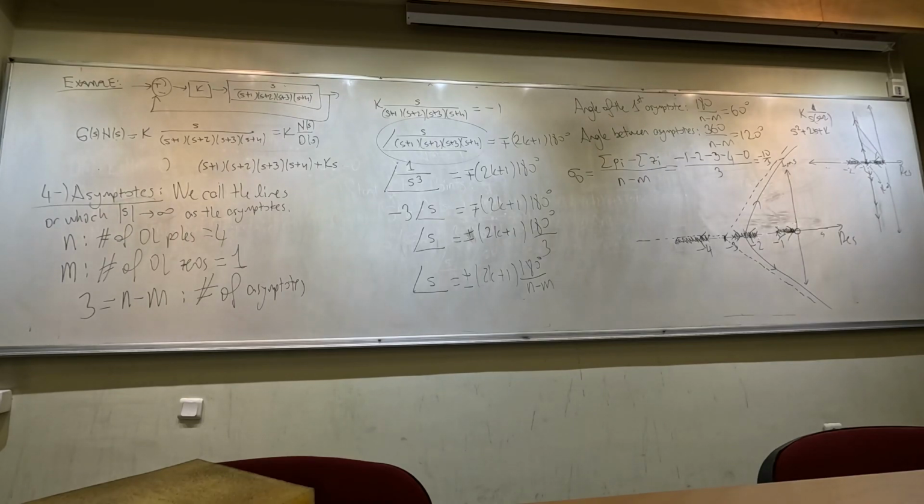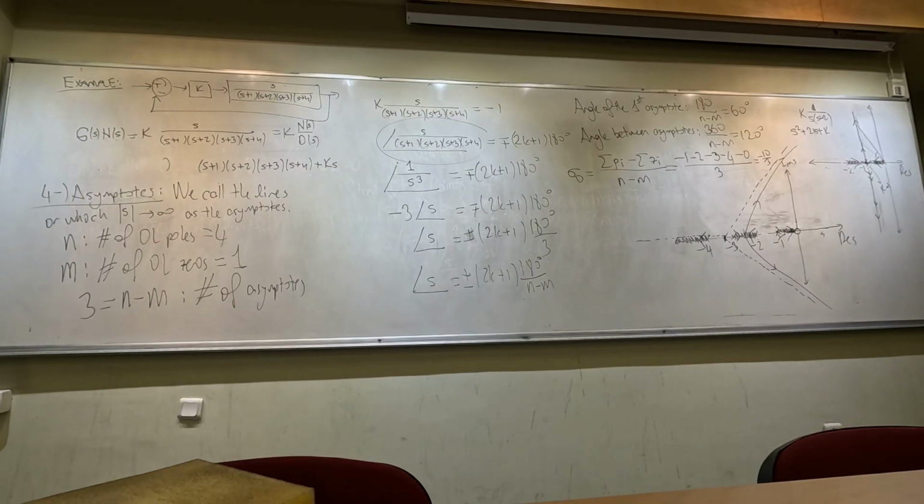So here, if I ask you the following question: find me the largest k value for which we will not have any oscillations in the step response of the closed loop system.